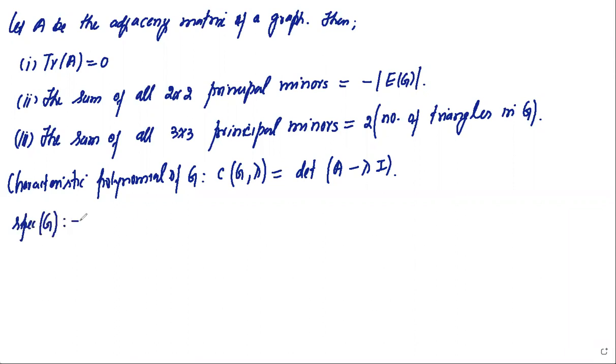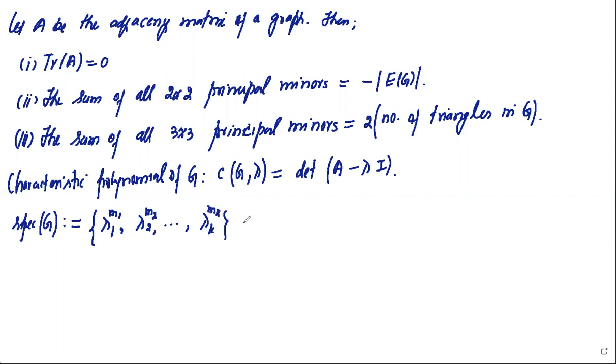The spectrum of G is the set of all eigenvalues of G together with their multiplicities. Suppose the distinct eigenvalues are lambda 1, lambda 2, up to lambda k, and the arithmetic multiplicity of lambda 1 is equal to m1. Then we write lambda 1 power m1 in the spectrum, and similarly lambda 2 power m2 and lambda k power mk.